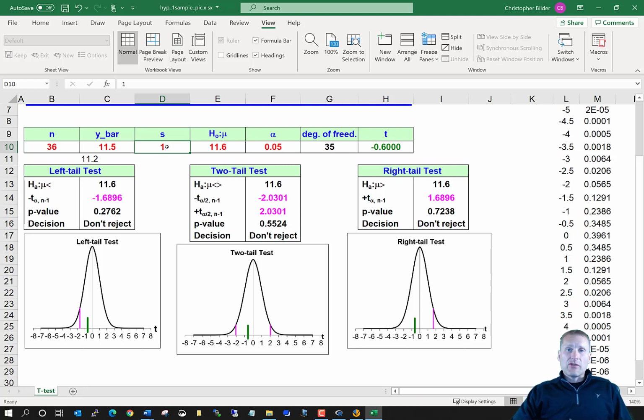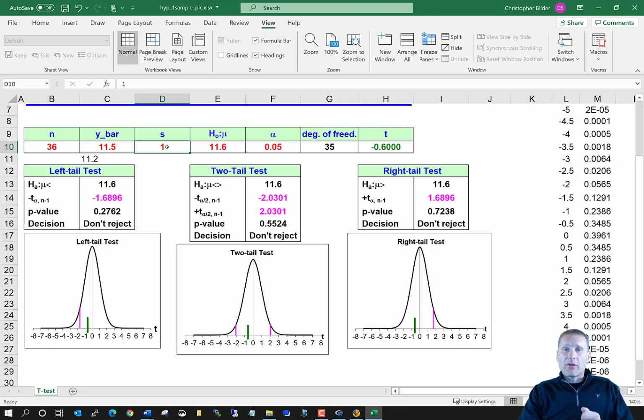Investigate what happens as you increase s. Investigate what happens as you decrease s. And I want you to relate the reject and don't reject result to what you would expect to happen intuitively for having, in this case, more variability or less variability, but also through looking at the mathematical formula for that t-test statistic.